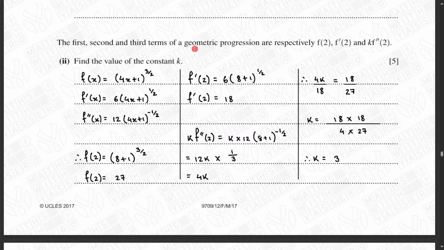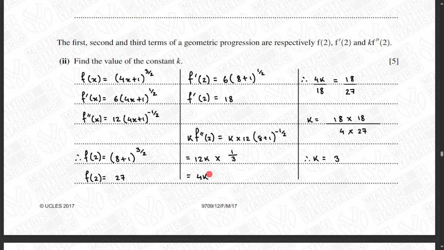Now since they have stated that this is a geometric progression, that means the first term, let's say it is 27, then it is 18, and then it is 4k. We know that the common ratio of the geometric progression can be found by dividing the next term by the previous term.